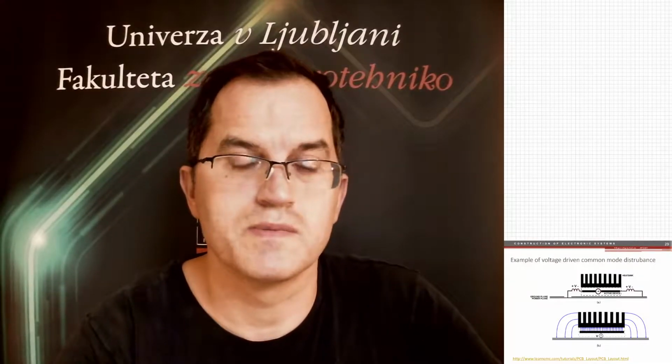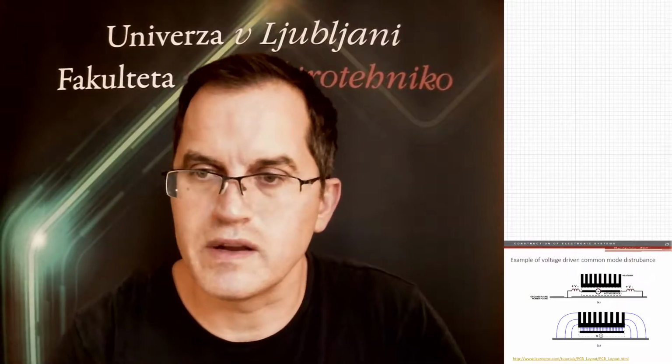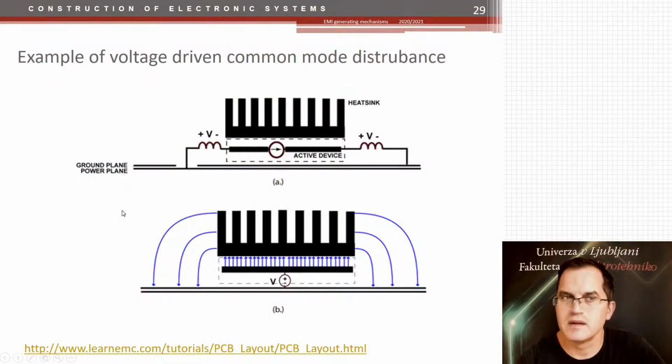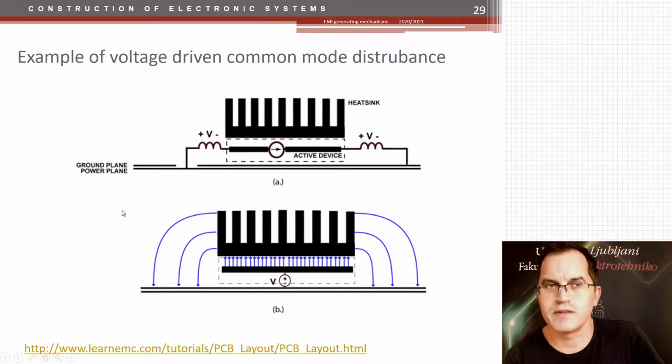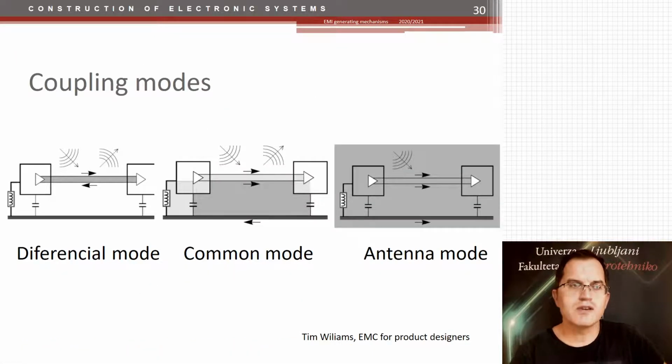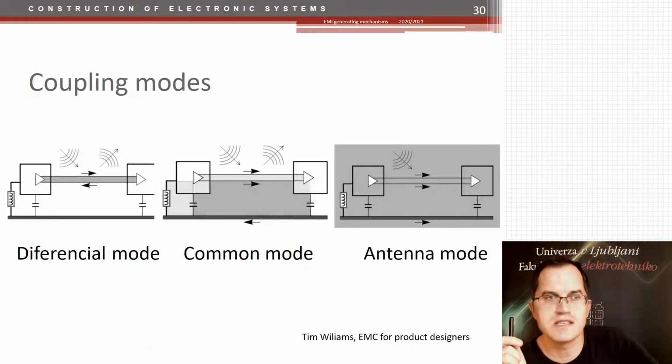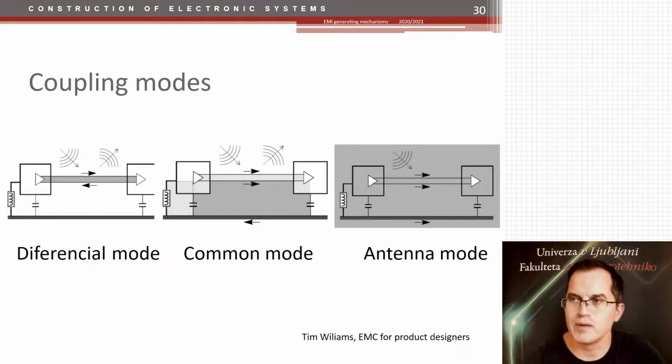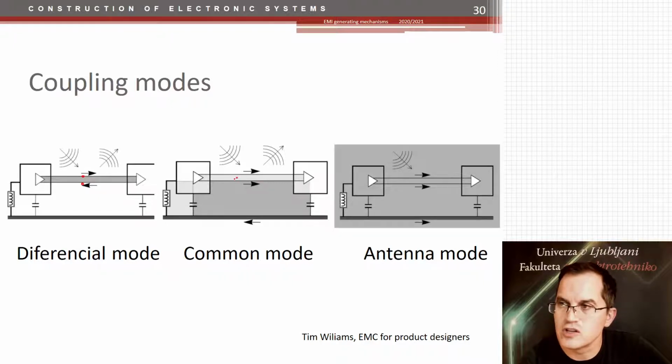coupling modes. As we all know already, we have common mode noise and differential mode noise. And also coupling of external noise is similar. The noise can couple in a way that it generates voltage between one and another line on the connection between two parts of the circuit, or it can generate a voltage between the line and the ground on that circuit.